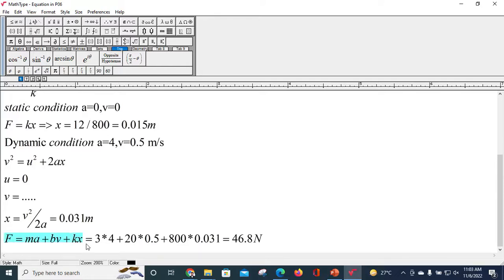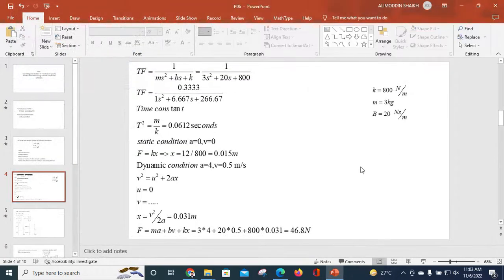I will copy this statement, Control C, and Control S and close, and paste it here.